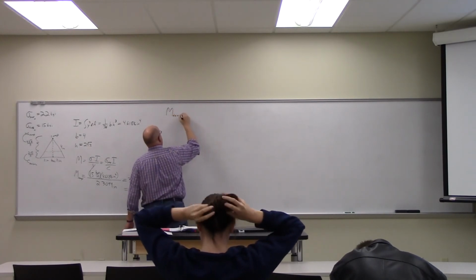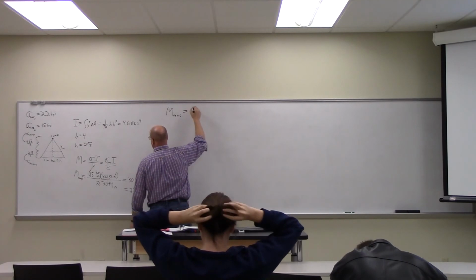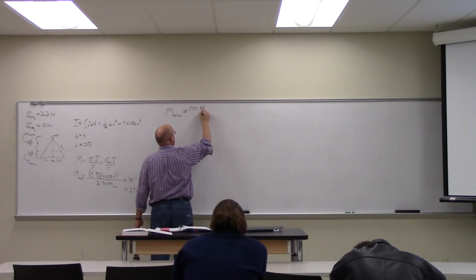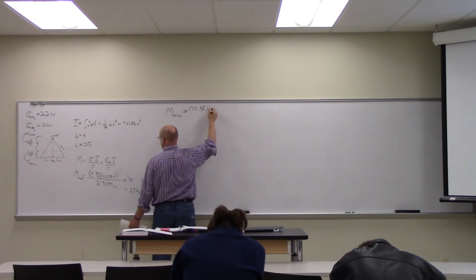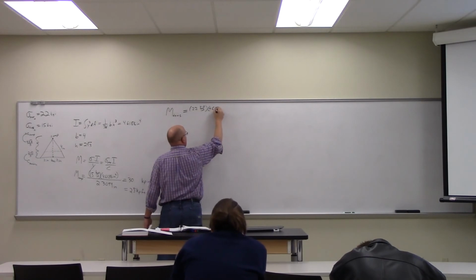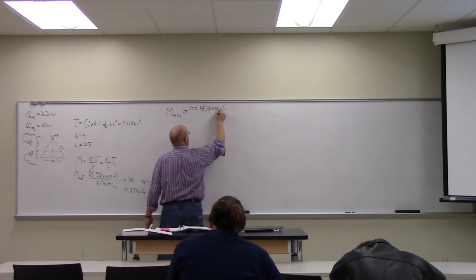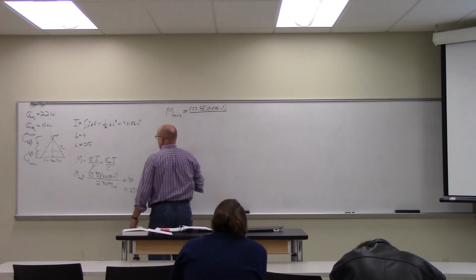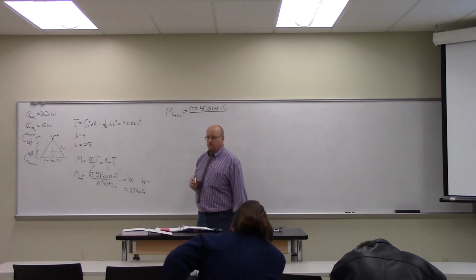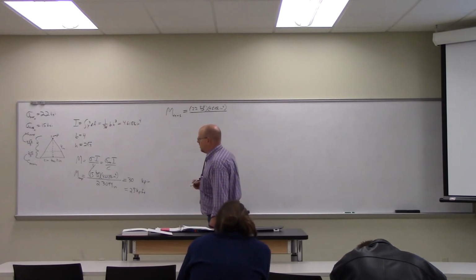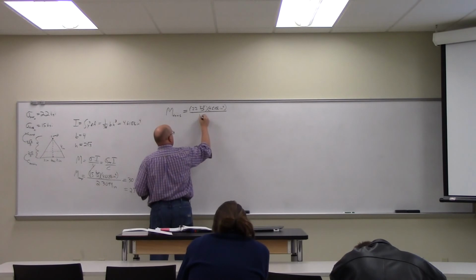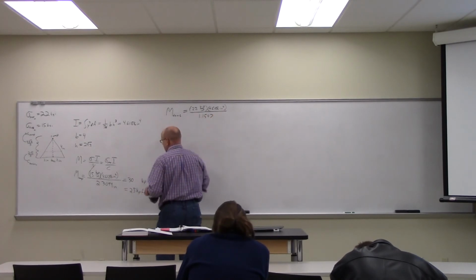So the tensile side, again, same approach, but now it's 22 kips per inch squared times the same moment of inertia, 4.6188 inches to the fourth, divided by what is C for the tensile side? 1.1547.